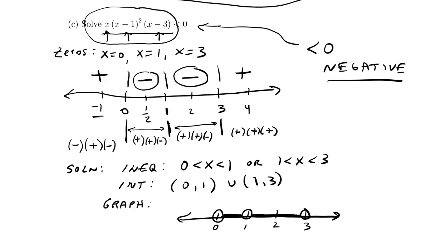So you have the open interval from 0 to 3, but also not including 1 in the middle there. If you use parenthesis notation, you'd have to put some back to back there and have something like that. So those were some polynomial inequalities.